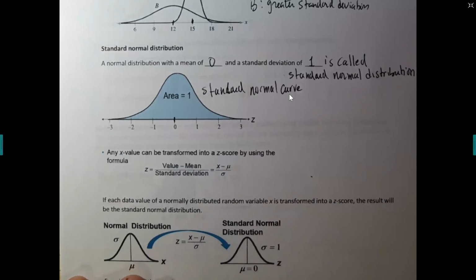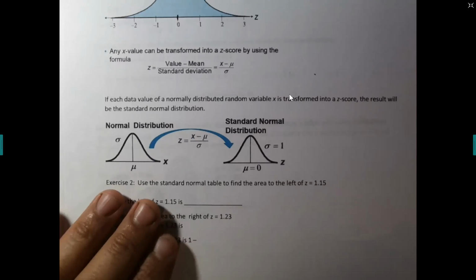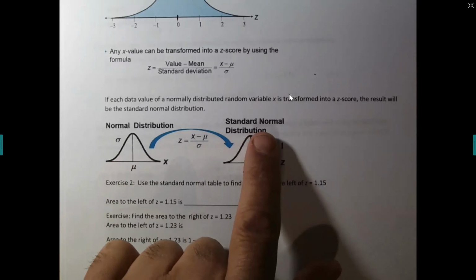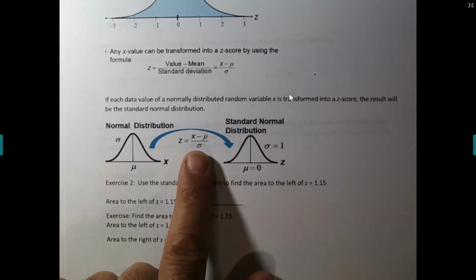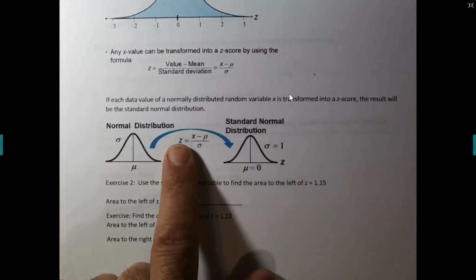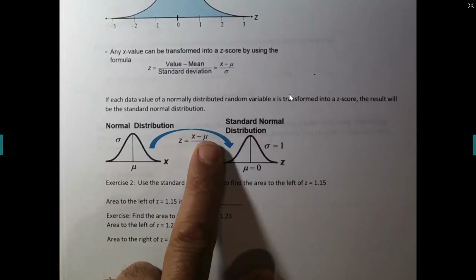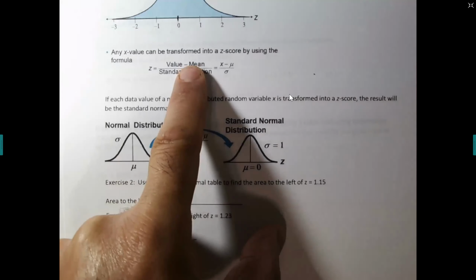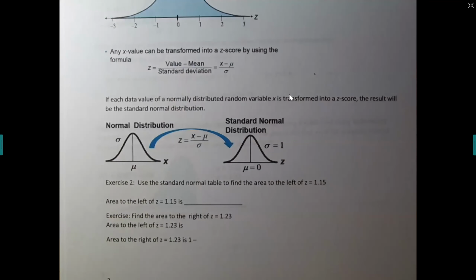Okay. To go, guys, from a normal distribution to a standard normal distribution, we change the values to z-scores, and that's what it says here. And this is the formula for the z-score. It's the value minus the mean, guys, look here, divided by the standard deviation.